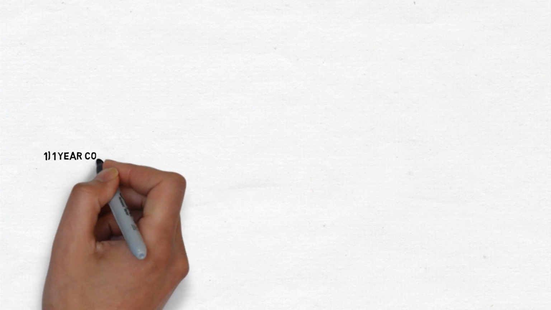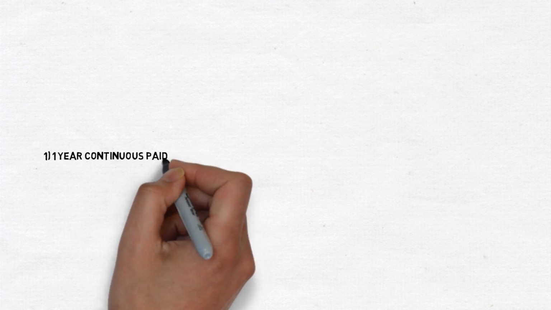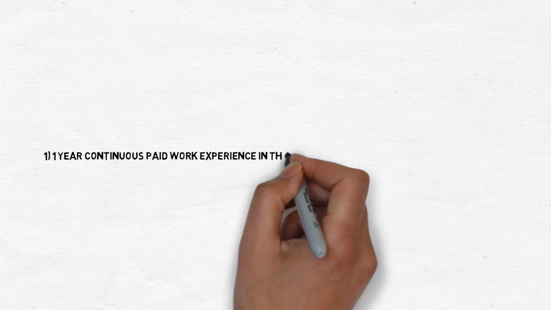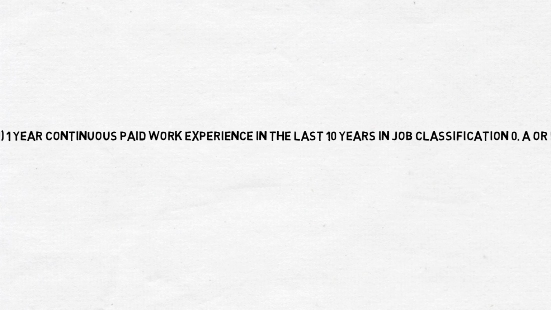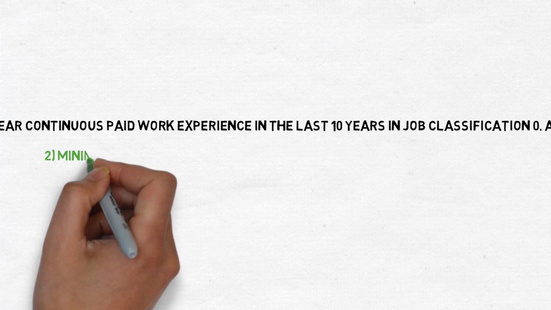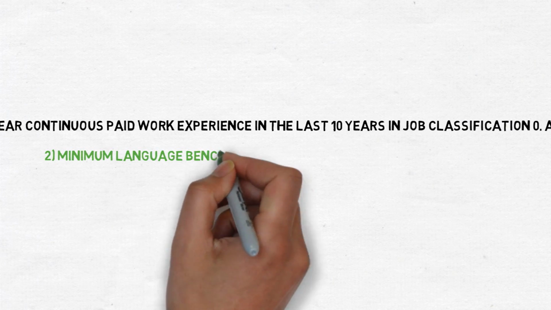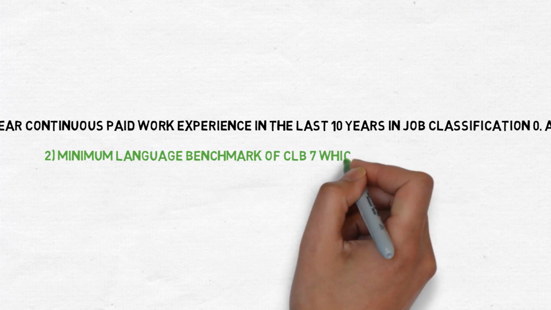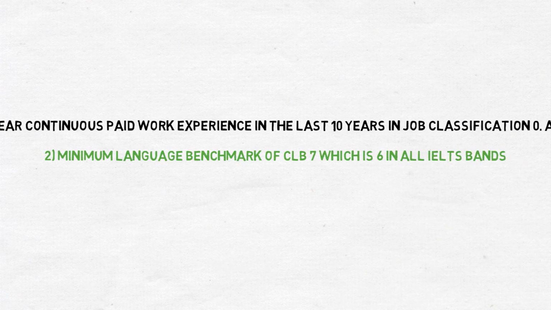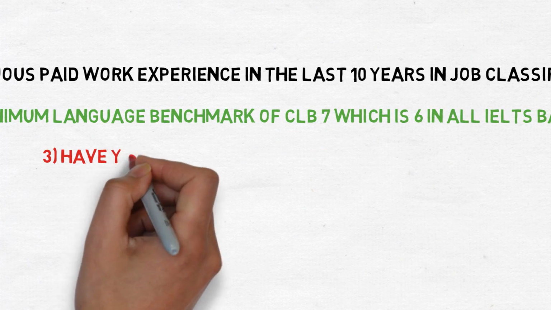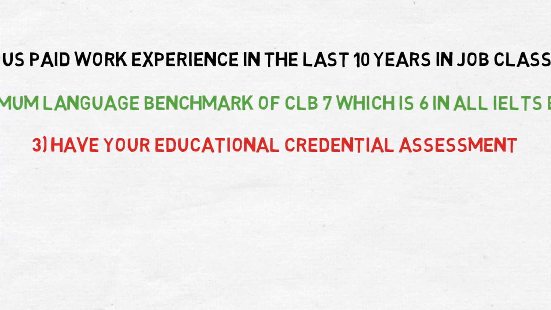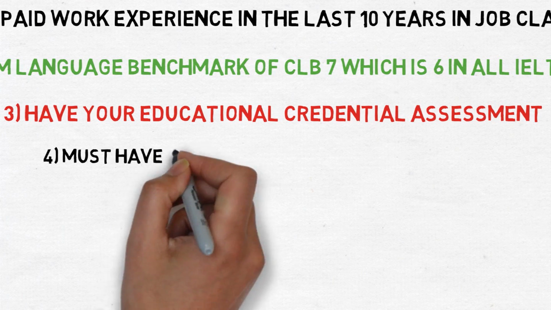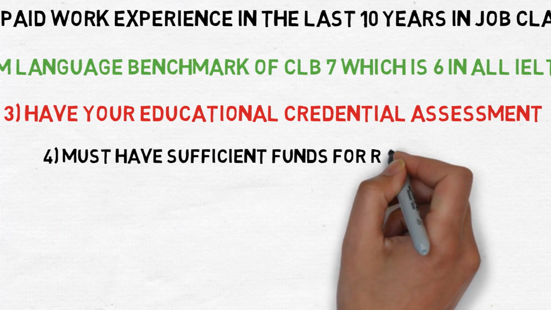Number 1, at least 1 year of continuous paid work experience in the last 10 years in a job classification 0, A or B. Number 2, minimum language benchmark of CLB 7, which is 6 in each IELTS band. So you must have 6 in each band of IELTS. Number 3, you must have your credentials evaluations done. And number 4, must have sufficient funds for resettlement.